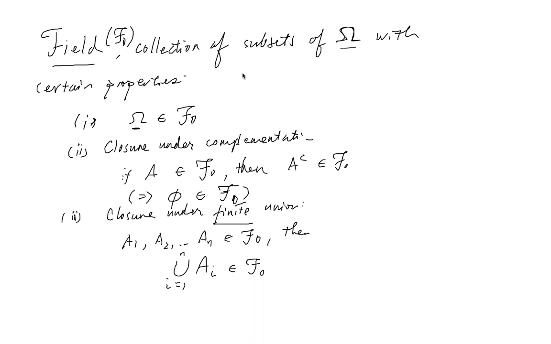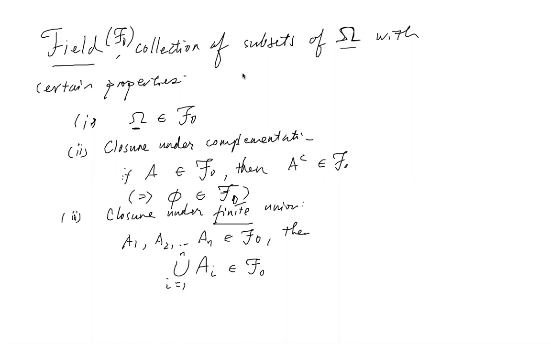These things should be very familiar to you. It's nothing very complicated. When you talk about a field, you're talking about some set of interest, in this case omega, the sample space, and then some subsets of it.